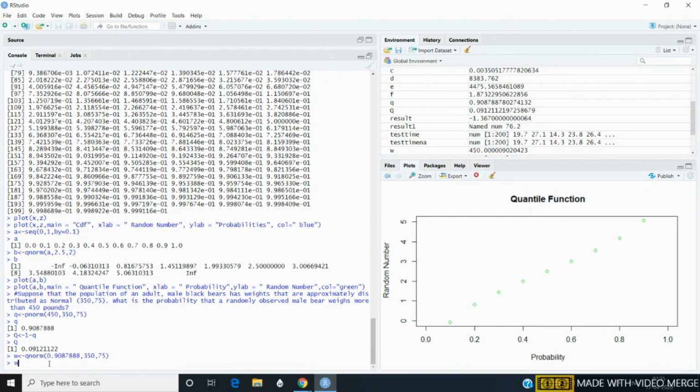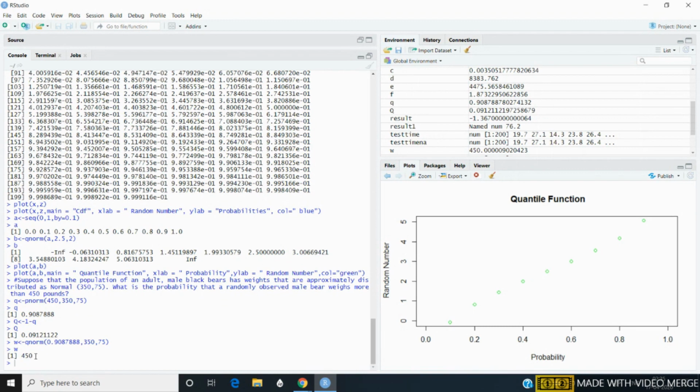Okay, let me print w. W is 450. It means that there are less than 450 values whose probability is 0.908788. Clear? So this is all about the R normal distribution using R as per the University of Mumbai.